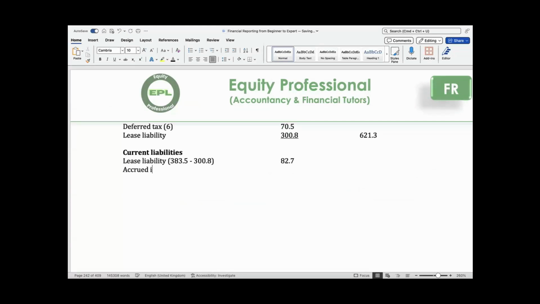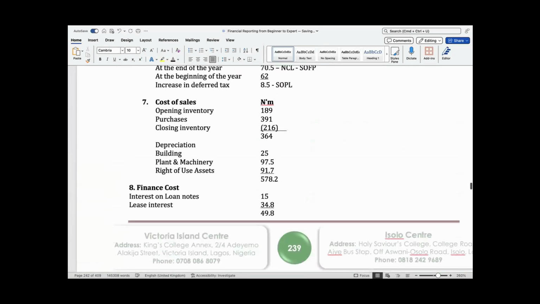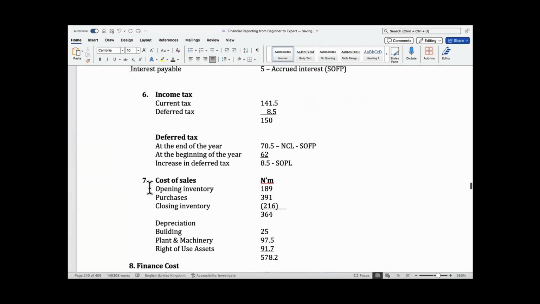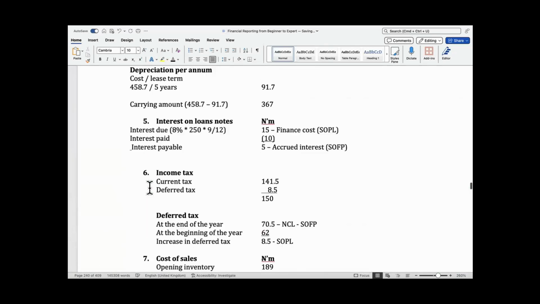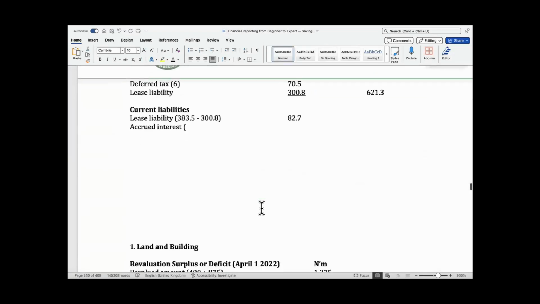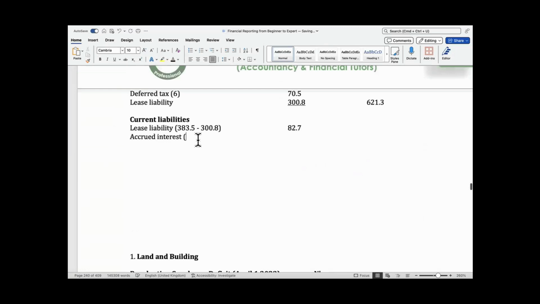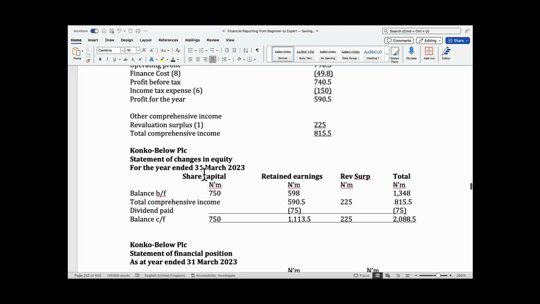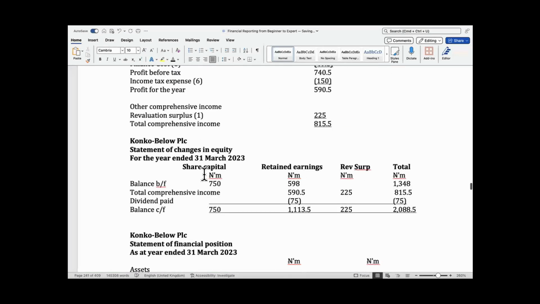Then let's not forget the accrued interest from, I think, working 7. Workings, where's the interest paid? Yeah, workings 5. This interest payable, 5. Okay, let's check the trial balance for other items.